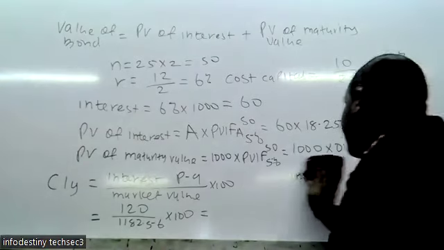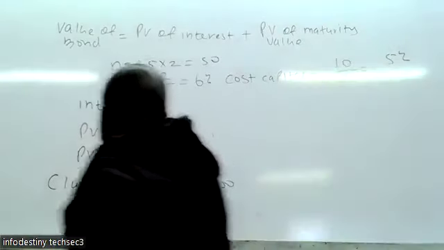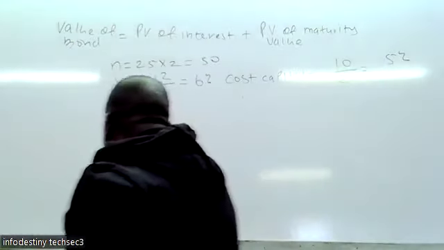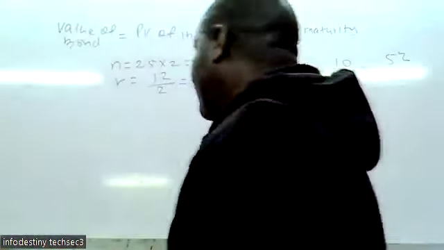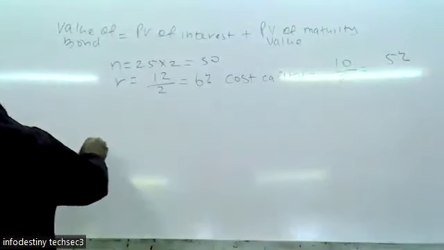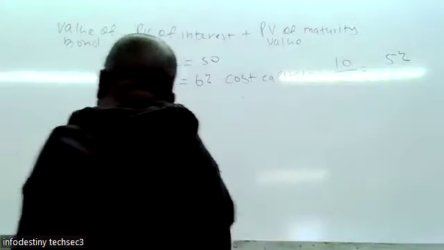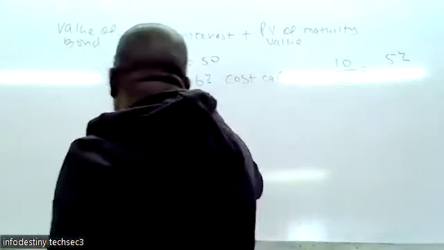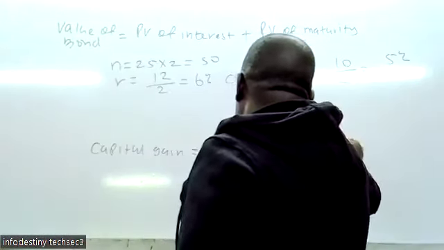So to come up with the capital gain or loss, capital gain will be equal to the current yield minus the cost of capital.